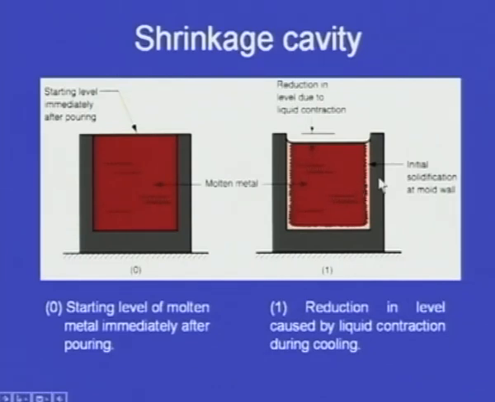When we pour the molten metal, we pour it at a higher temperature. The melting point of aluminum is 660 degrees centigrade, but we may pour at about 725 degrees centigrade, and from 725 degrees to 660 degrees centigrade, it is in liquid state. There is a temperature drop, and that time it will undergo liquid shrinkage.